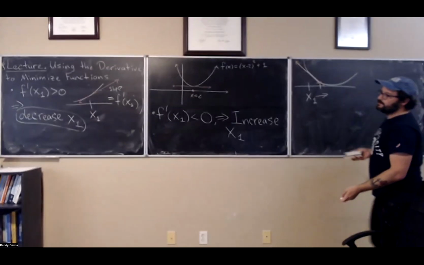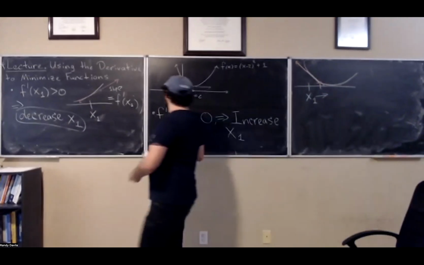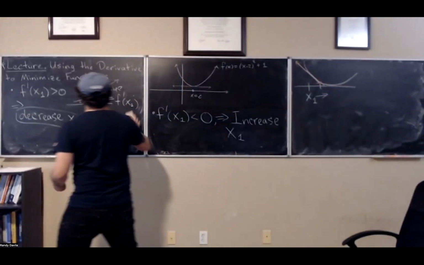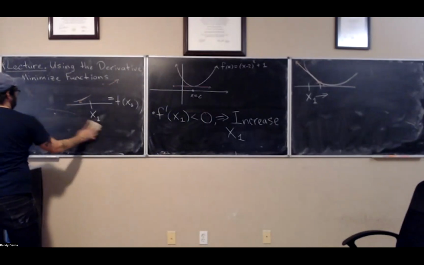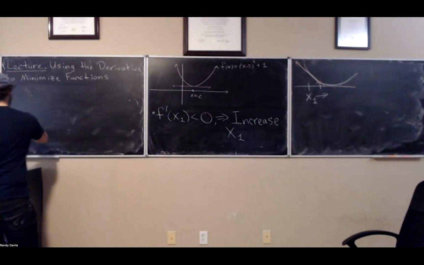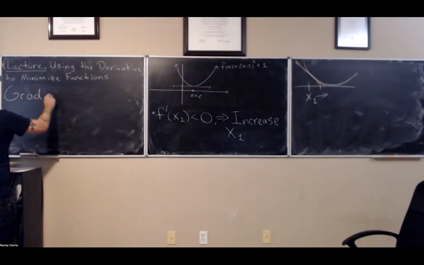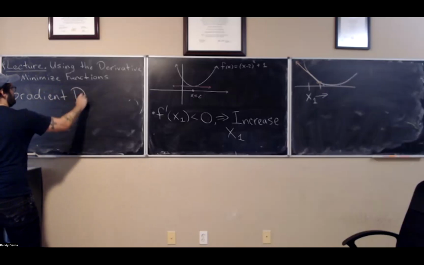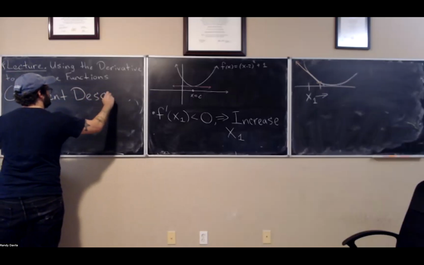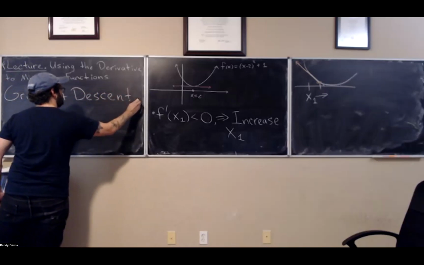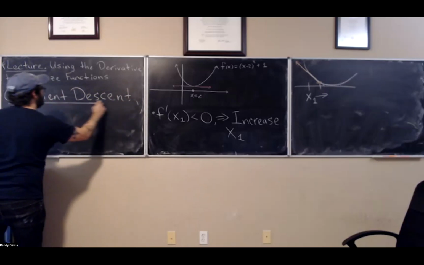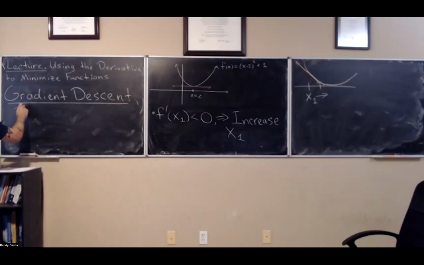So the idea behind this is the following. It's called gradient descent. Make an initial guess. Call it x1.